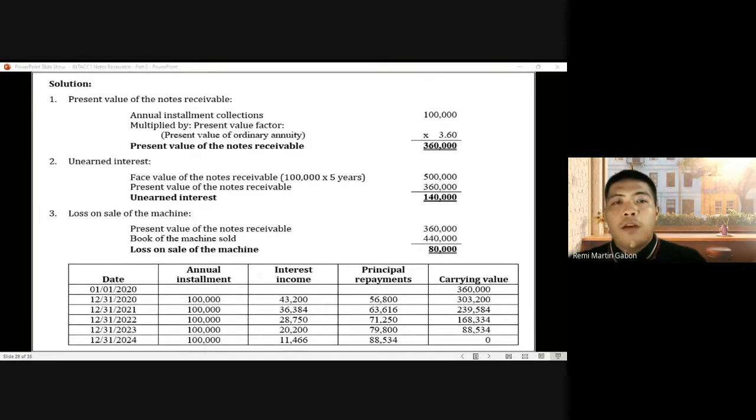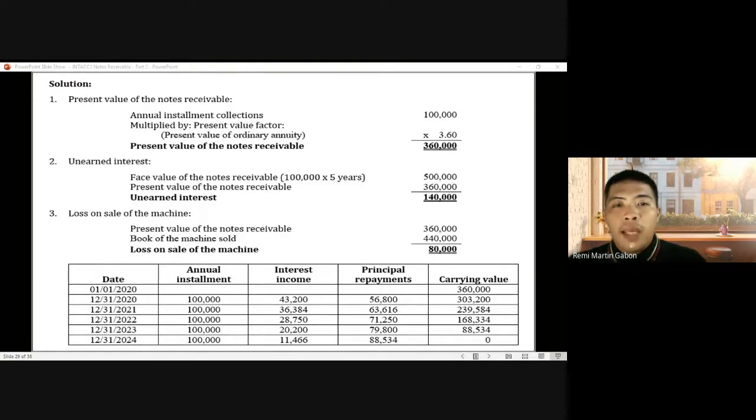First, 360,000 plus 43,200 minus the annual installment of 100,000. Compute to check if correct. It will come out as 303,200. Sandra says 303,200. Okay, I hope others got that.